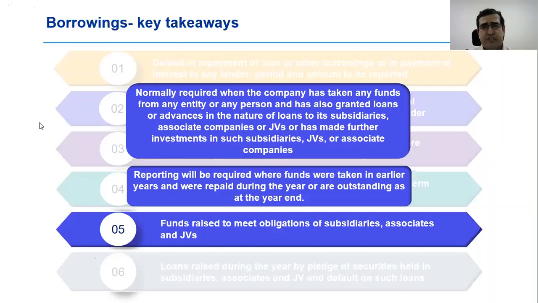So a very common situation in the financial services is you have a core investment company where a CIC actually raises the money. The whole objective of a CIC is to lend and invest in its subsidiaries. While this is still a new reporting requirement that we are dealing with, and hopefully guidance should evolve, if you ask me, my personal view would be prima facie, this could trigger a requirement.